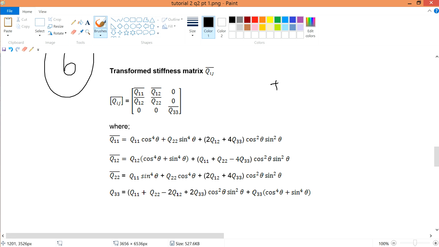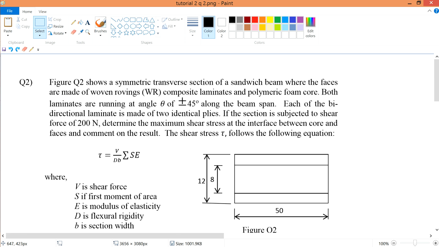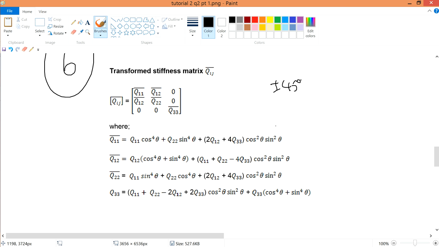We only have plus minus 45 degrees. If you look back at the question, which was a long time ago, the laminates are running at an angle of plus minus 45 degrees, and that's all. So plus minus 45 degrees is the same, and you don't need to calculate twice.